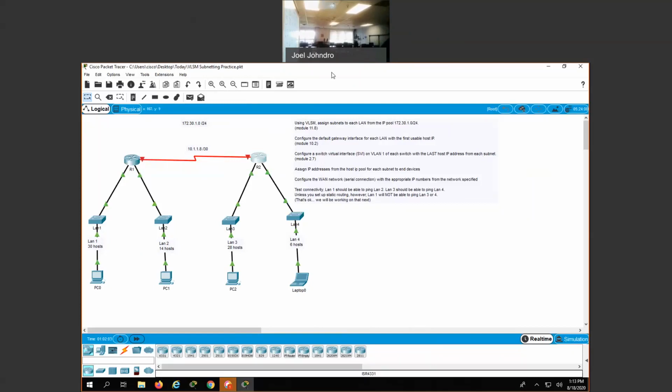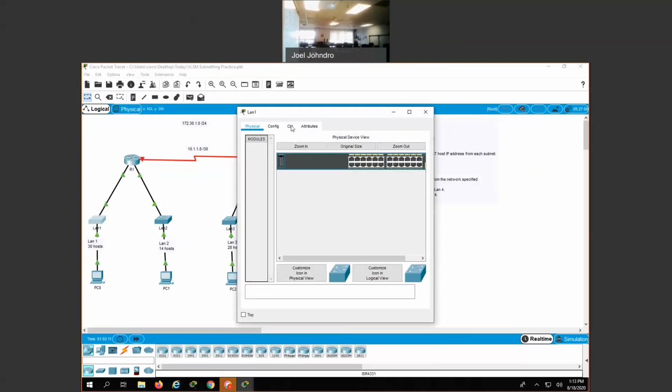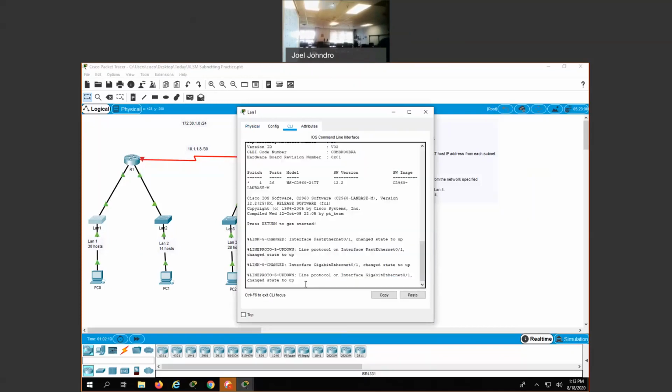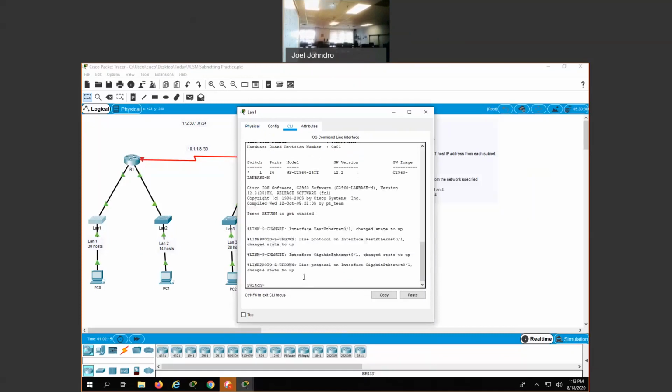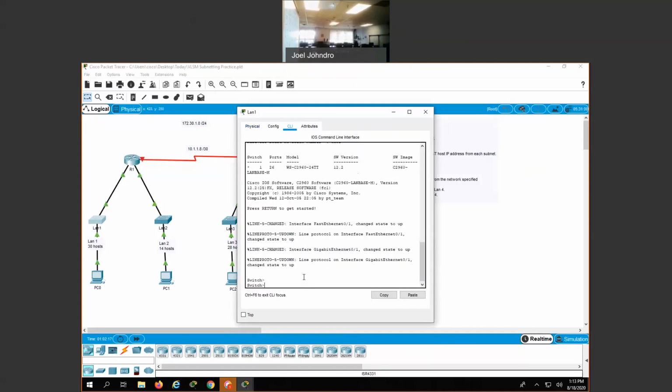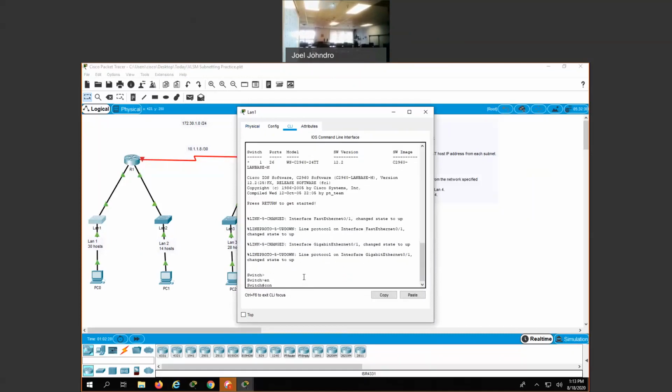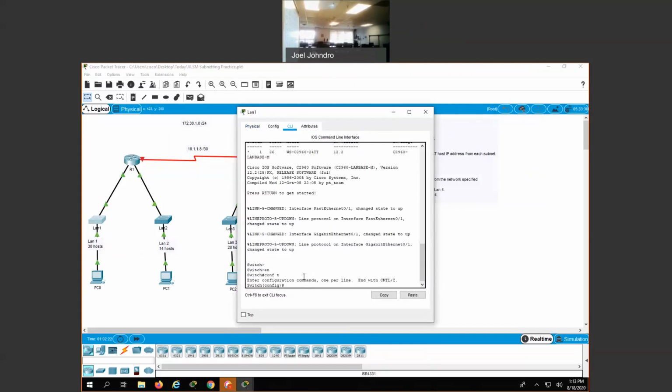And I recorded that as well on the whiteboard here. You know, the switch for LAN 1, I know the IP address for that is going to be .30. If you need review on how to set up a switch virtual interface, it is in section 2.7.